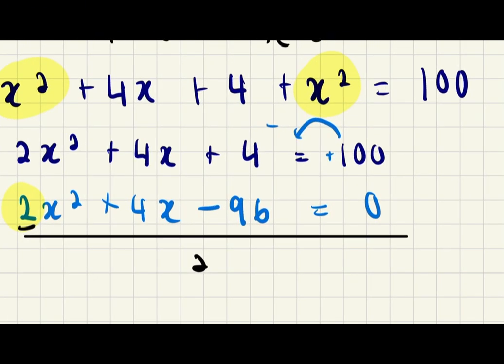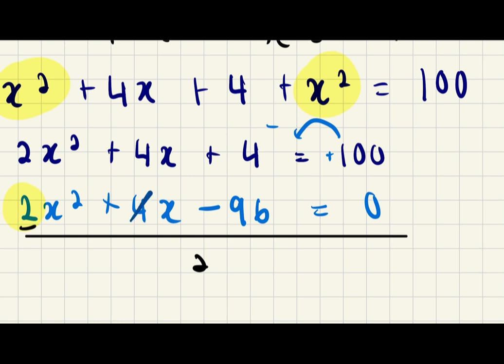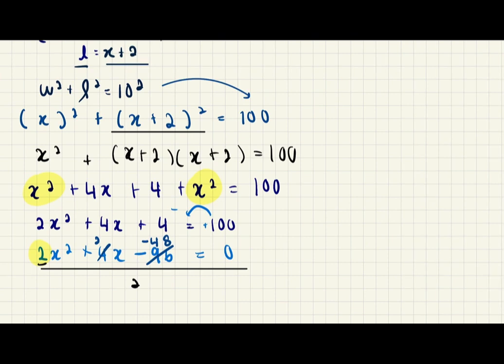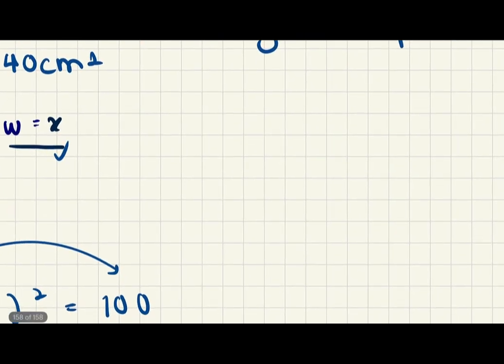Okay, and then 4x divided by 2, this will become 2, right? Because 4 divided by 2 is 2. And then negative 96, when you divide by 2, it will become negative 48. So simply write that down. It will become x squared plus 2x minus 48, which is equal to 0.